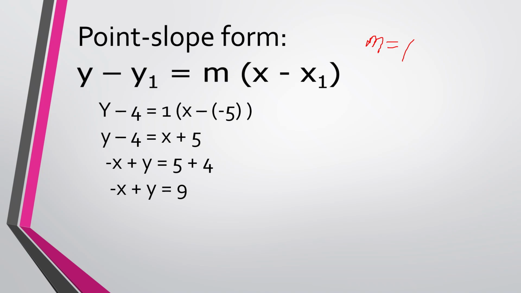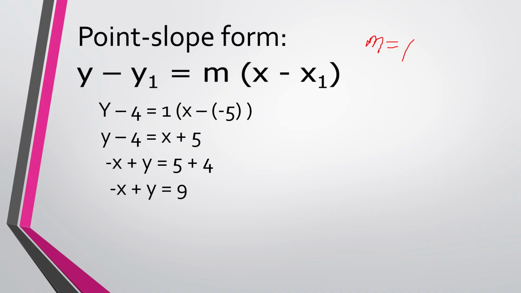And then we have here negative times negative is positive times 1. That's x plus 5. Then we combine, no? So that will be negative x plus y equals 5 plus 4. Therefore, the point slope form or the equation here is negative x plus y equals 9.